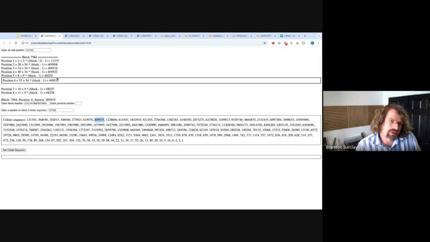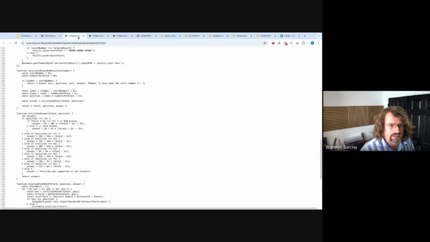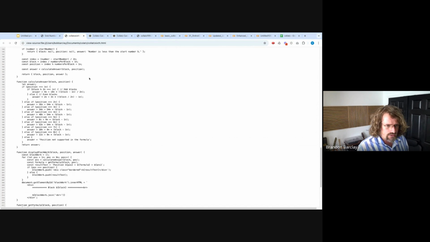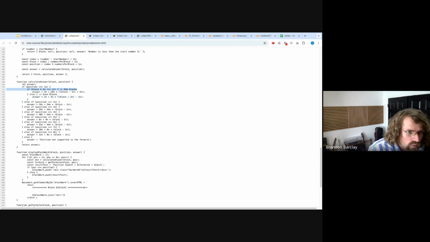So this is finding the 6th number. Now the 6th number has that rotating pattern in it, and I can show you that in the code here, because you can see on the first position of a block, I've had to check to see if the block is odd or if the block is even.